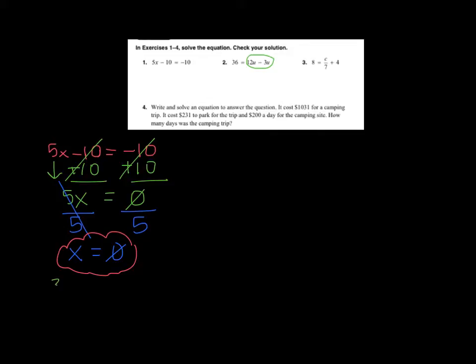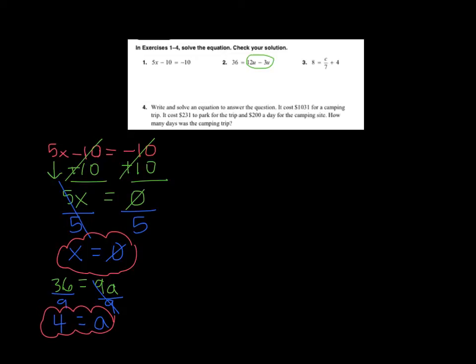So I know that we're going to have 36 equals, and then 12 minus 3 is 9. And I'm just going to call it 9a because I'm not sure what that variable was. The opposite of multiplying by 9 is to divide by 9. And when I do that, I find out that a is equal to 4. Okay?